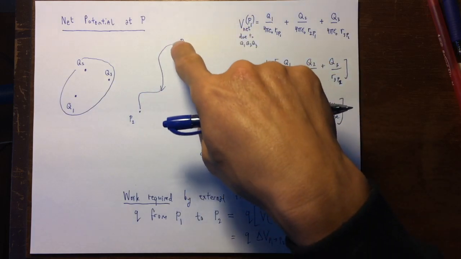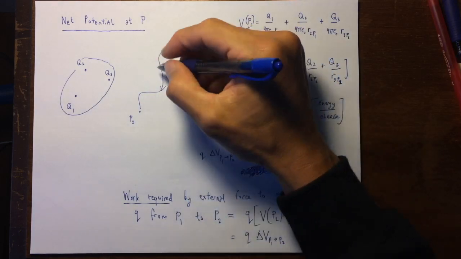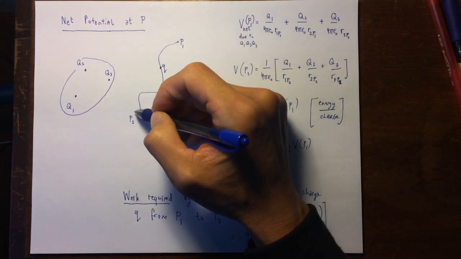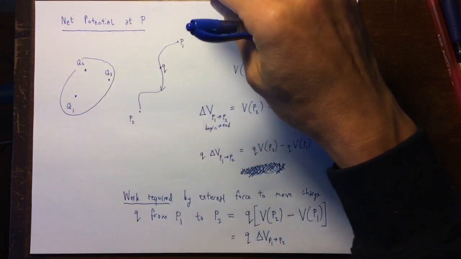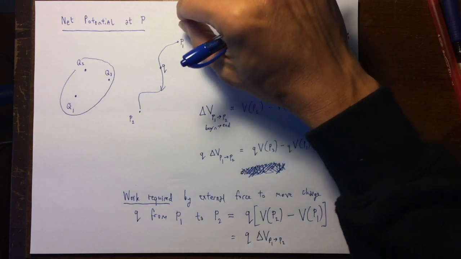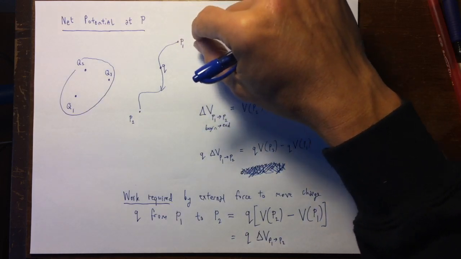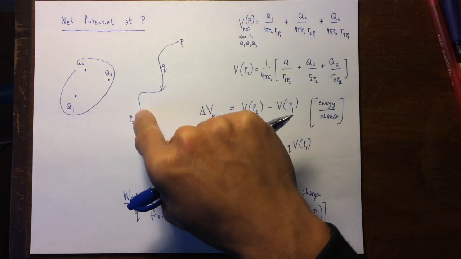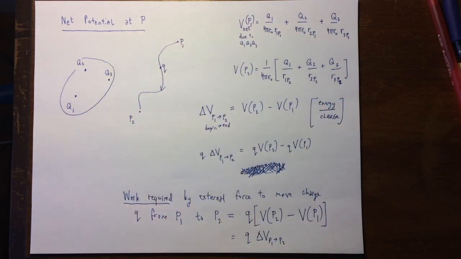And if you want to move a charge little q from P1 to P2, then the work required by some external person in order to push Q from place 1 over to place 2 is simply Q times the difference between the potentials at the two places.